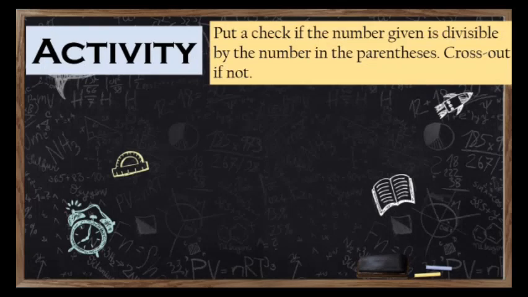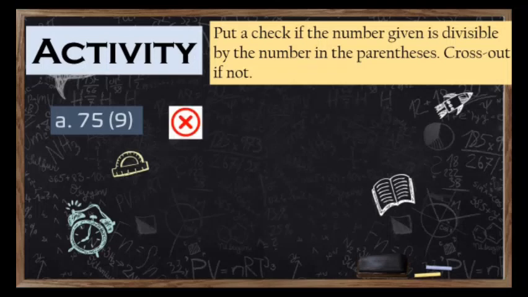Activity. Put a check if the number given is divisible by the number in the parentheses. Cross out if not. A. 75. Is 75 divisible by 9? It is not divisible by 9. Letter B. 36.